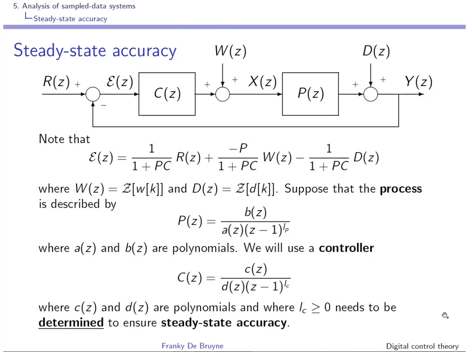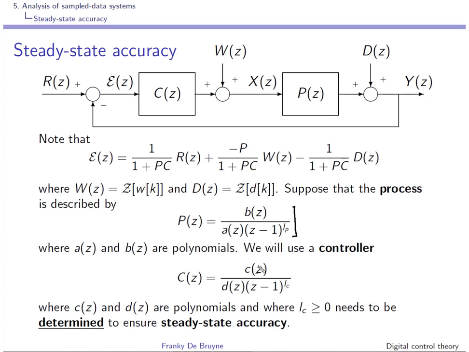We will assume that the process P of z is described by this transfer function over here, where A and B are polynomials, and we'll assume here that this system has a number of poles at z is equal to 1, so that it has a number of integrators, right?